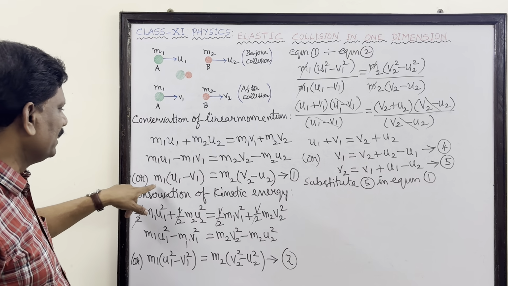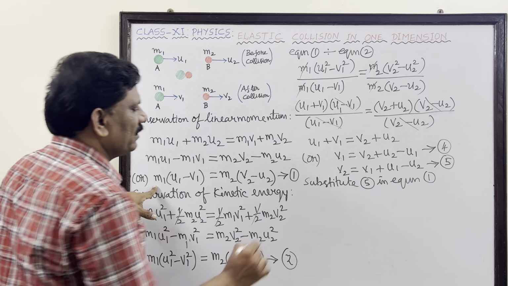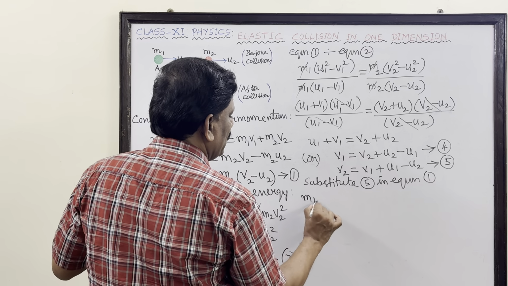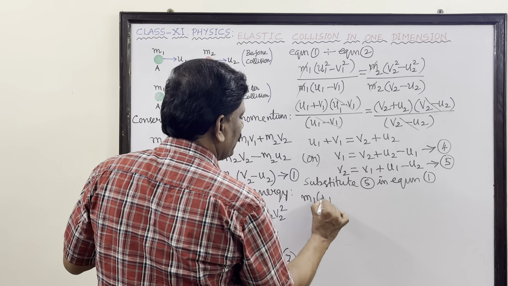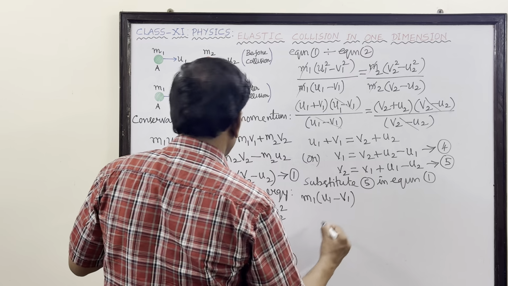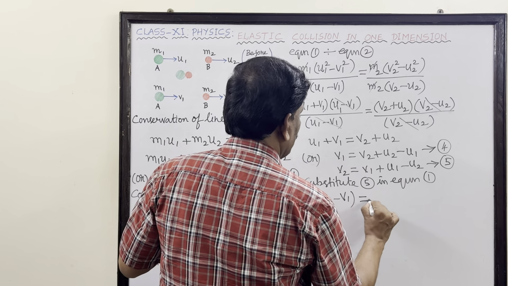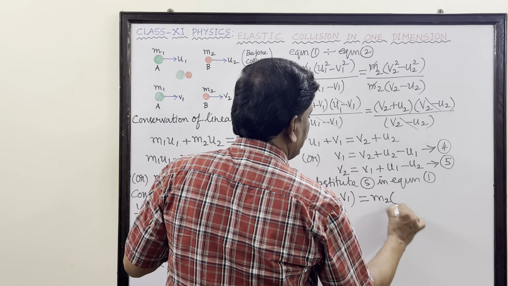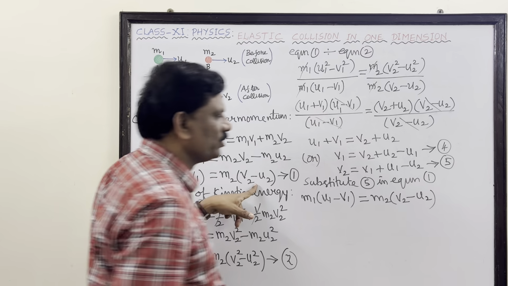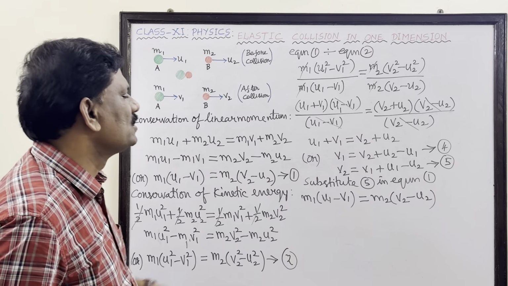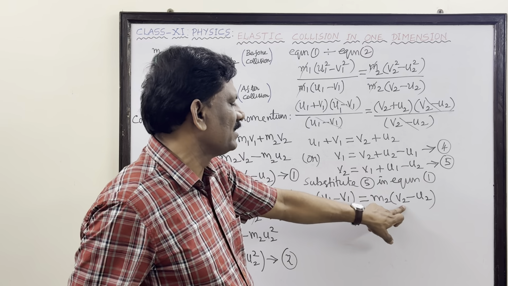Now let us start with the left hand side, m1 into u1 minus v1. So u1 minus v1 is equal to m2 into v2 minus u2. This is the actual first equation I have written. So for v2 I am going to substitute, is it not?